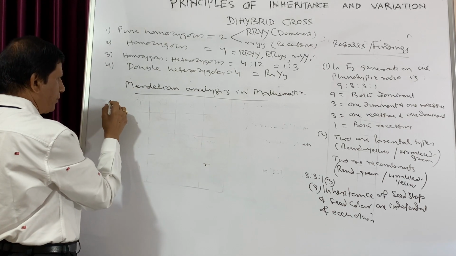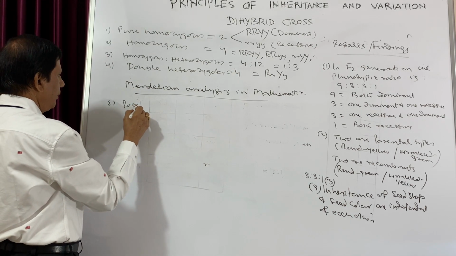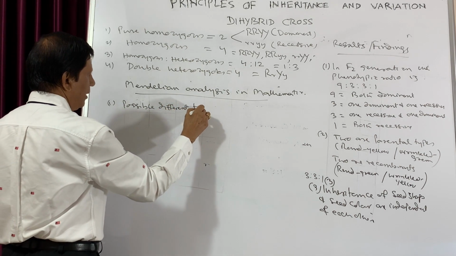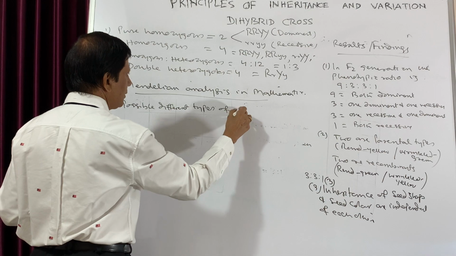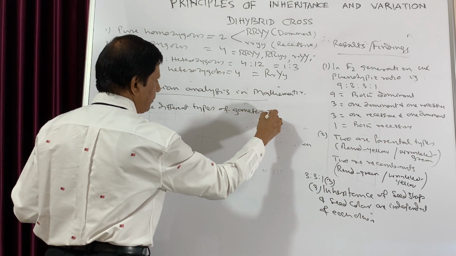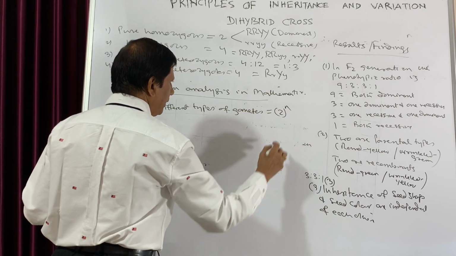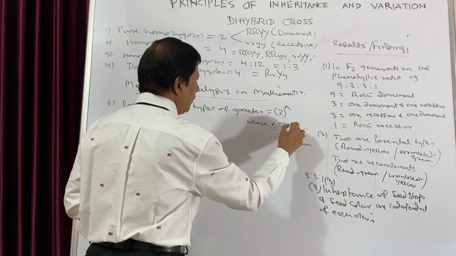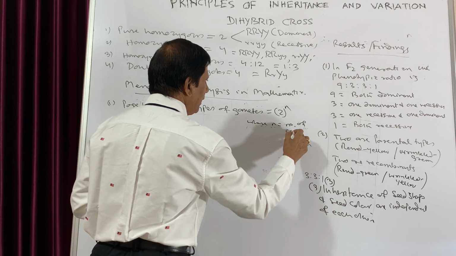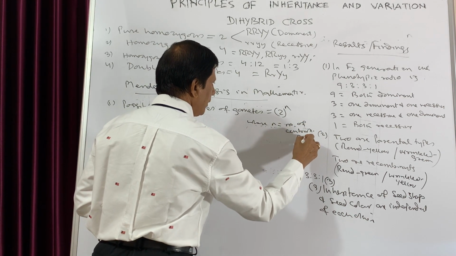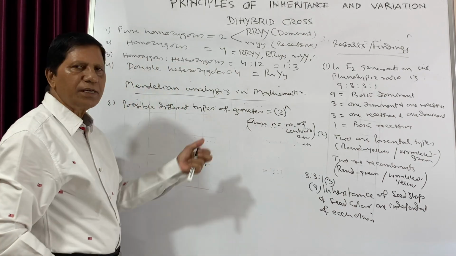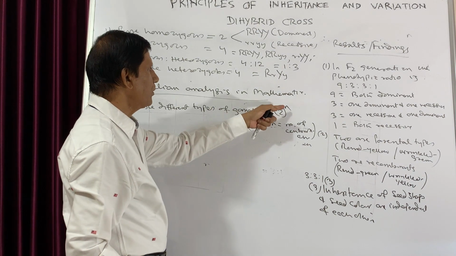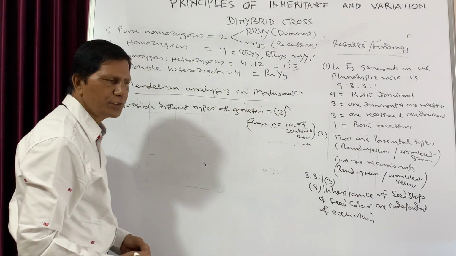Number one, the possible different types of gametes is 2 to the power n, where n is equal to the number of contrasting characters. So here the number of contrasting characters is 2, so the possible different types of gametes is 2 to the power 2, 4, and we have seen the 4 types of gametes.